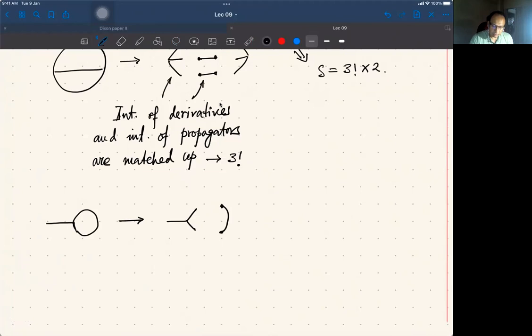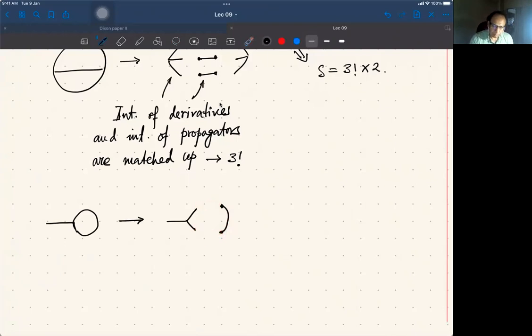So you have interchange of 3 vertices, that has 1 over factorial 3 factor here. But here the matchup is interchange between two derivatives of the vertex, and interchange between the 2 endpoints of the propagator. That is matched up. So you are connecting like this. So these 2 are a matchup.